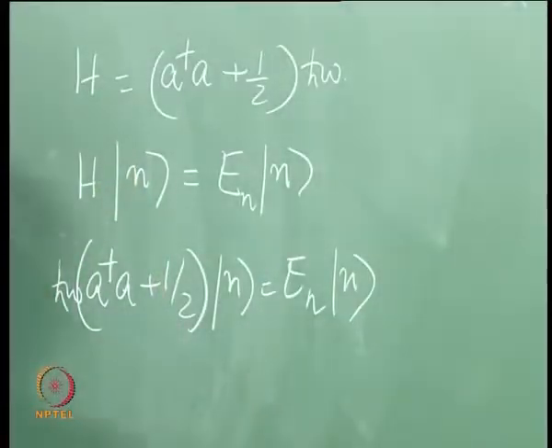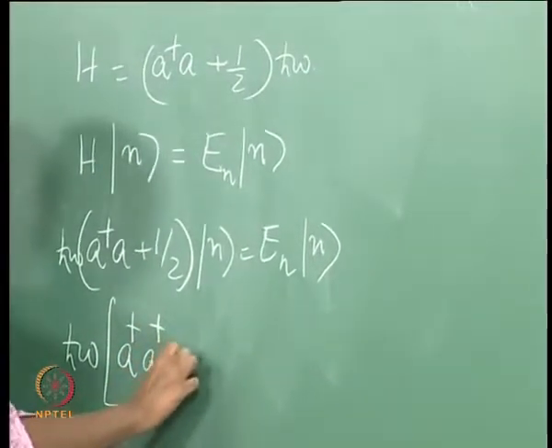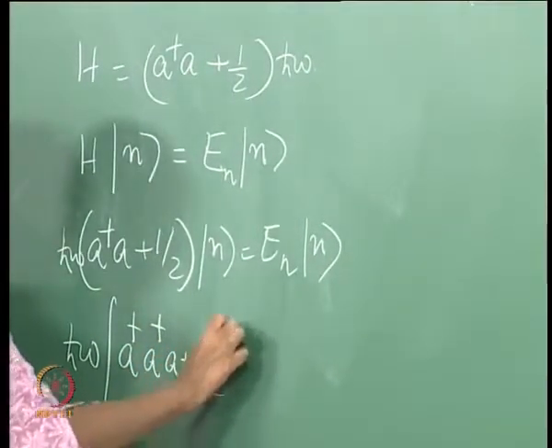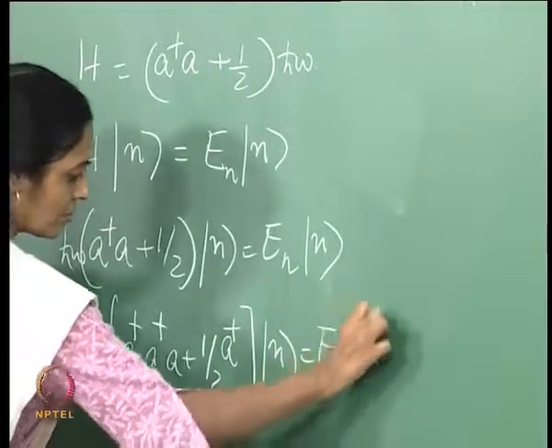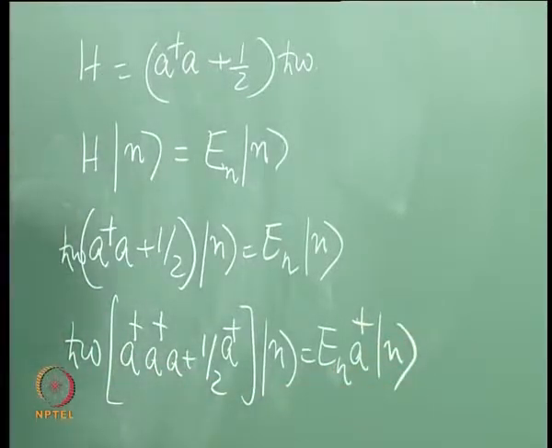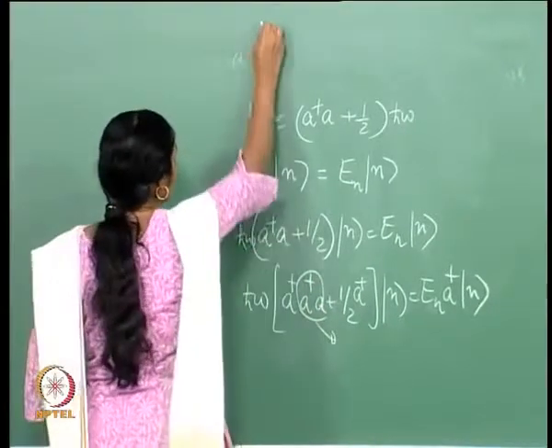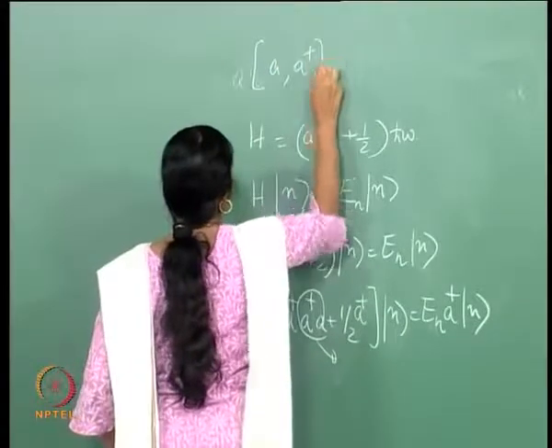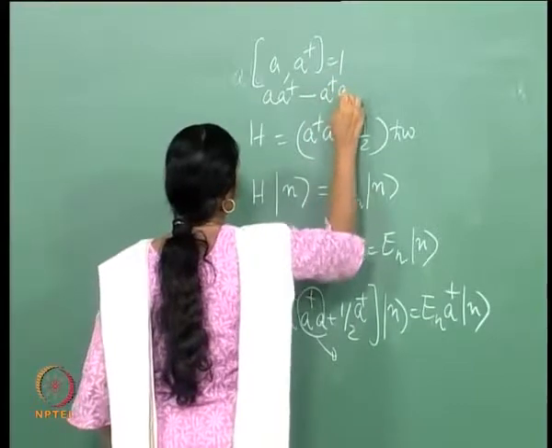Let us multiply this by a dagger on both sides. So, this is what I have. Well, I can do the following thing. I remember that the a a dagger commutator is 1, which means that a a dagger minus a dagger a is 1.